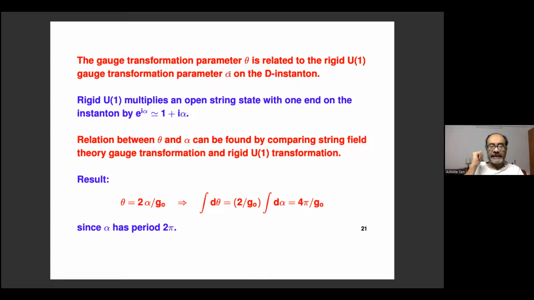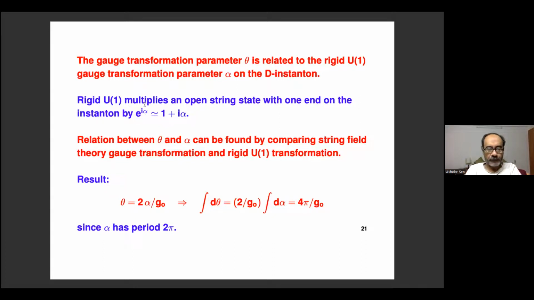Then there is a U1 symmetry that just multiplies such an open string state by e to the i alpha. This is the standard U1 that lives on any D-plane, except that for the D-instanton, there is no U1 gauge field. But the gauge symmetry is still there. It's not local anymore, right?